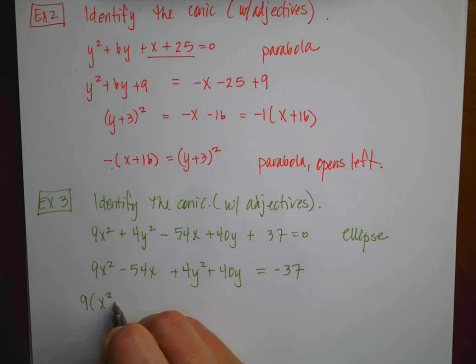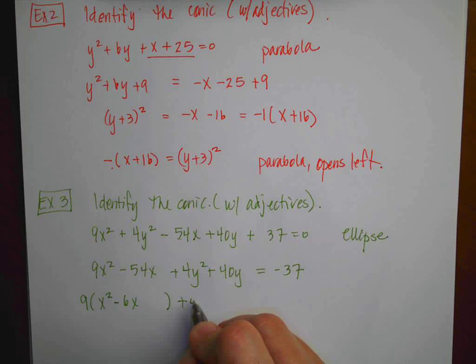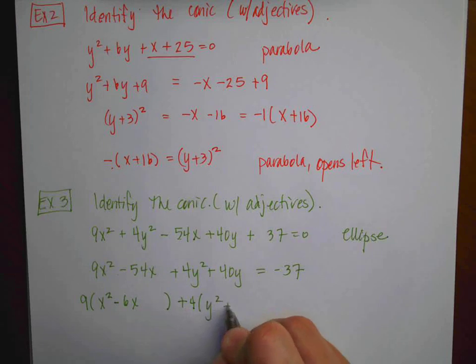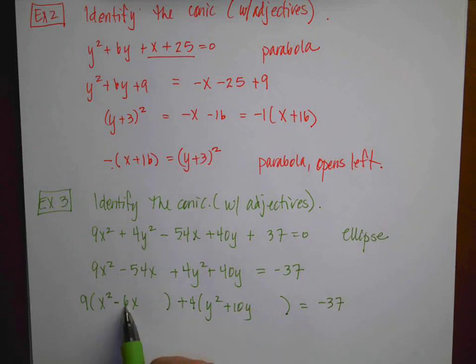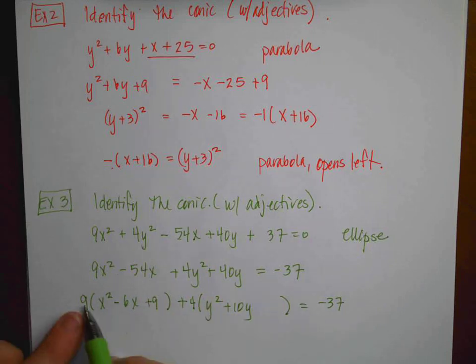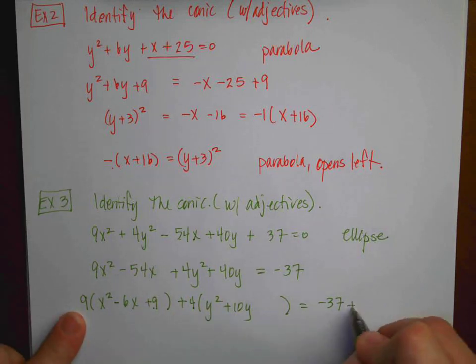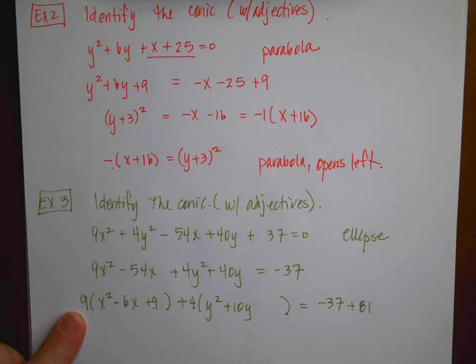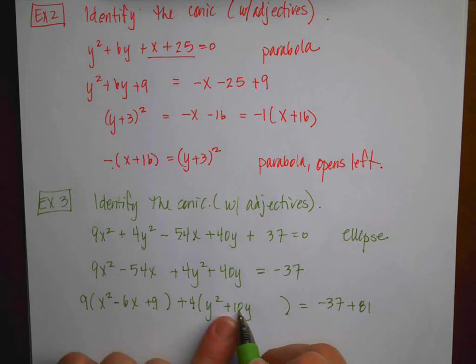I'm going to factor a 9 out of this one, so x squared minus 6x leaves some space. And then I'm going to factor a 4 out of this one, y squared plus 10y leaves some space, negative 37. Half of 6 is 3, squared is 9, so plus 9. 9 times 9 is 81, so I'm going to add 81 to the other side.